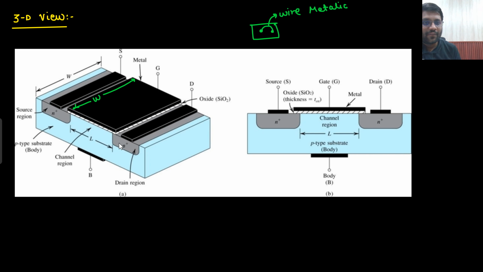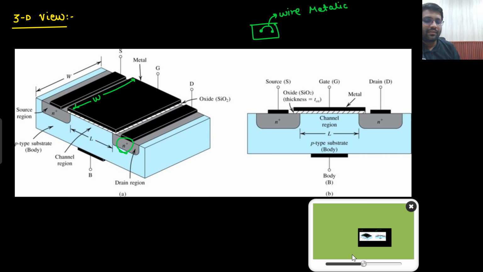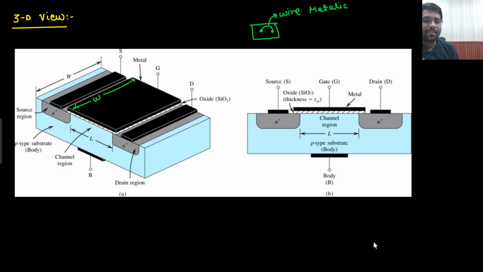And from here, can anyone think why this was N plus? Why was it not only N? Why am I doing strong doping here? I could have simply made it N. Why N plus?